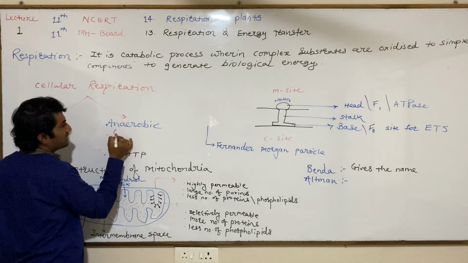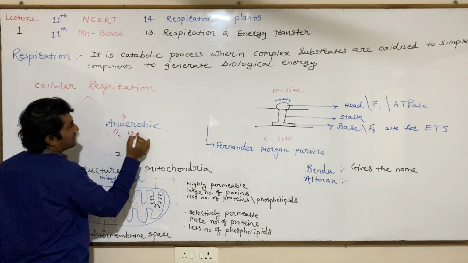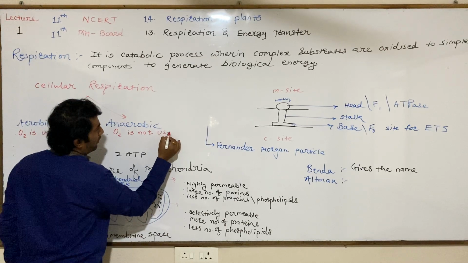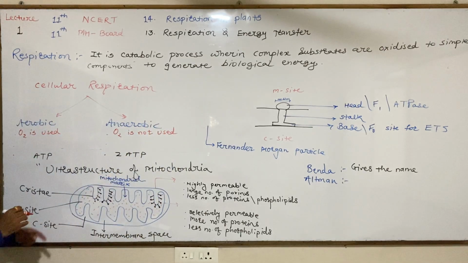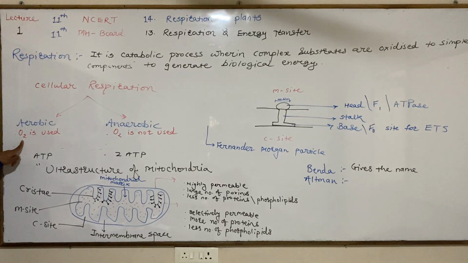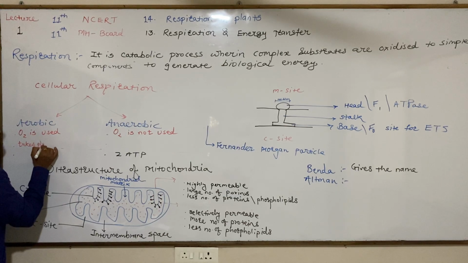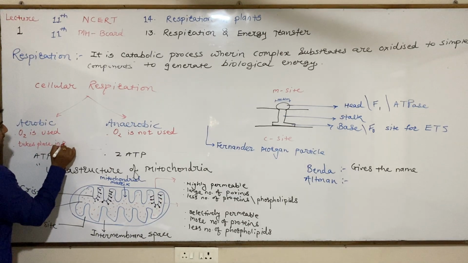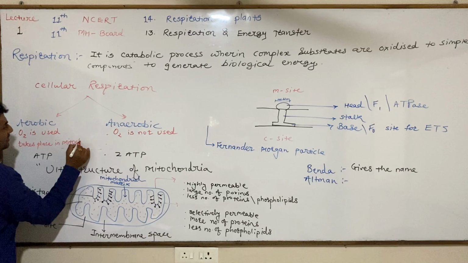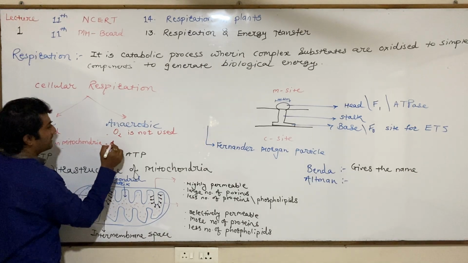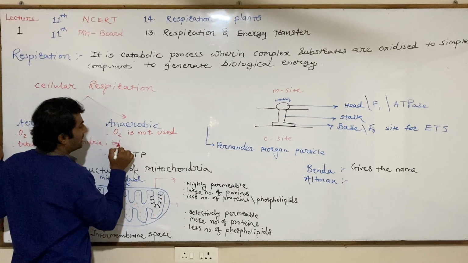Anaerobic respiration is that in which oxygen is not used. Aerobic respiration takes place in mitochondria, while anaerobic respiration takes place in cytoplasm.